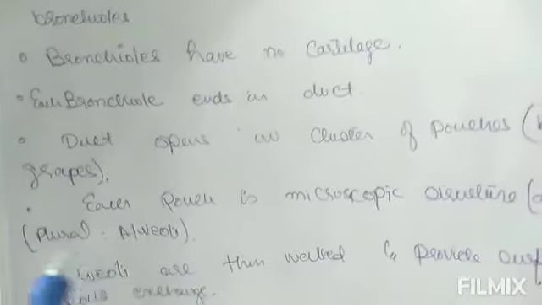The duct opens into a cluster of pouches, which are grape-like structures, like bunches of grapes. Each pouch is a microscopic structure known as the alveolus, or in plural form, the alveoli. So these are the alveoli. These are the microscopic structures where the actual gas exchange takes place. The alveoli are thin-walled and provide the surface for gaseous exchange.